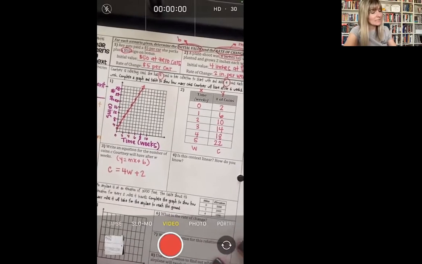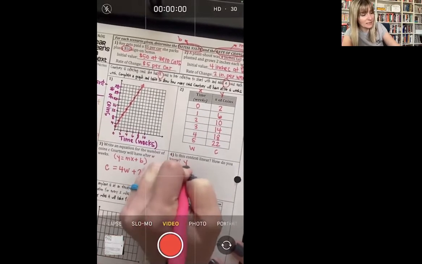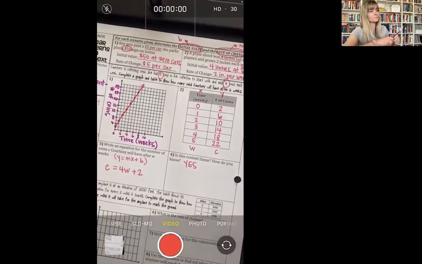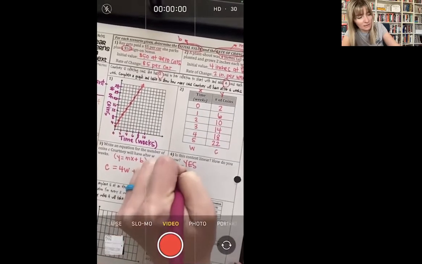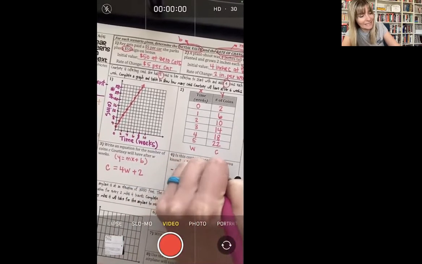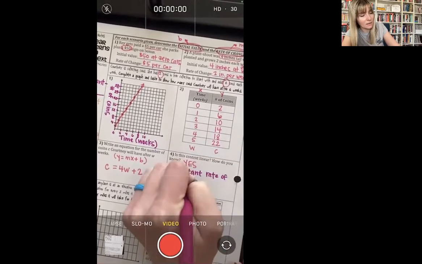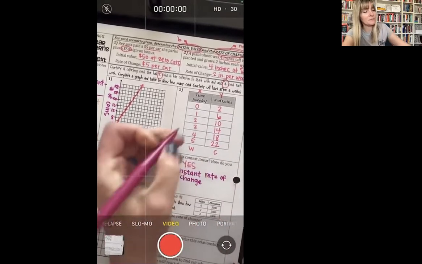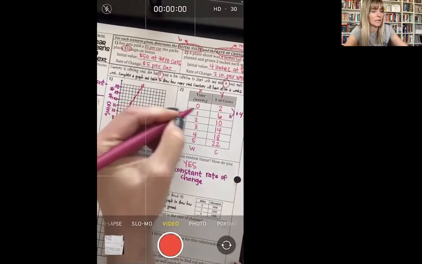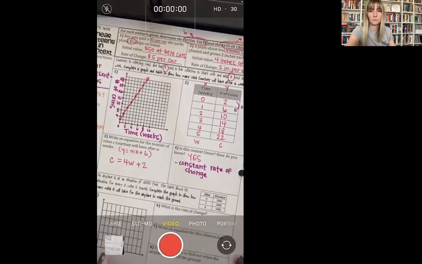Okay. Is this context linear? Yes, absolutely. Well, how do we know? There's a couple ways that we know. We could say that there's a constant rate of change. We can see that here in the table. It's going up 4 over 1, up 4 over 1 consistently through the whole table.